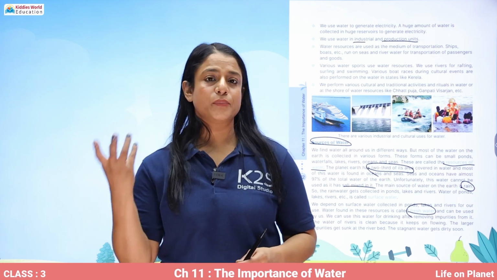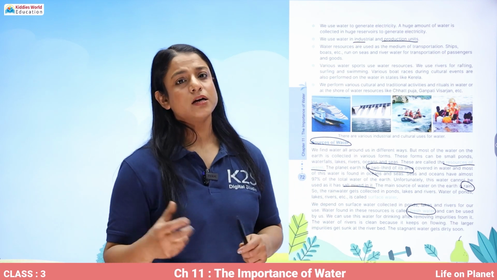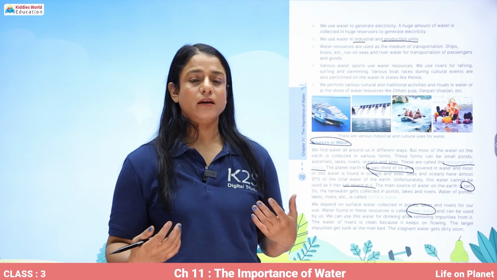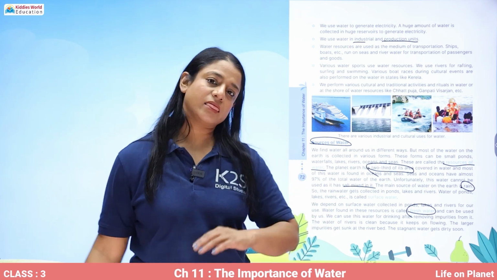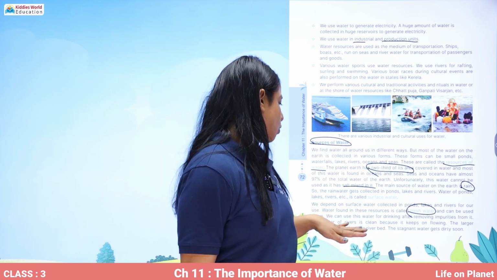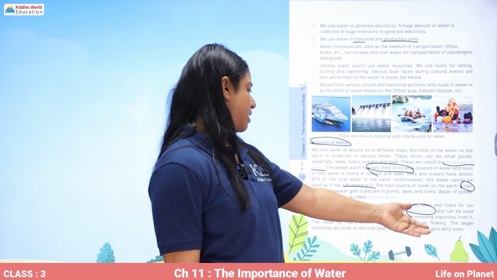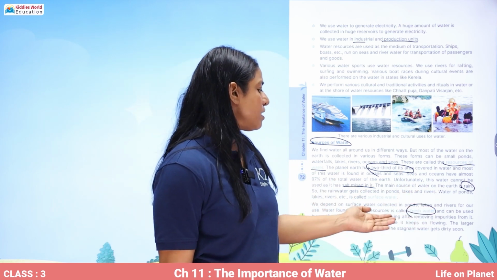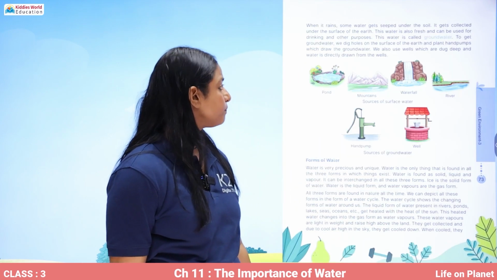But the impurities in the stagnant water of a lake or pond do not get deposited on the bed, and thus it is more impure than river water. So the water of the river is clean because it keeps on flowing. The larger impurities sink at the river bed. The stagnant water gets dirty soon.